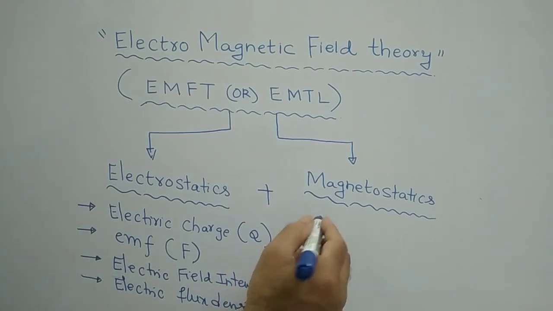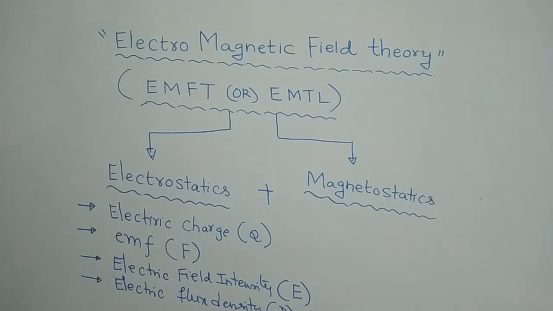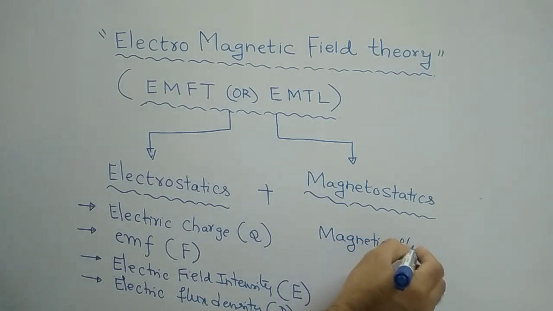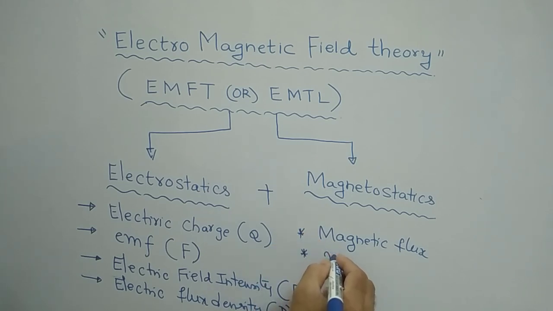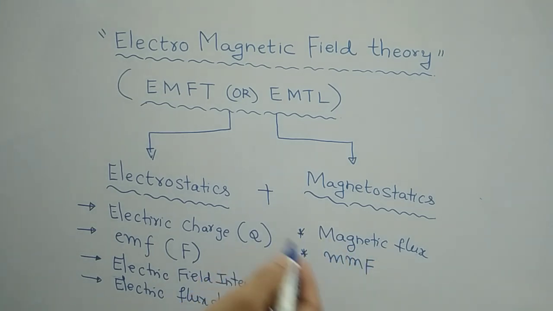Similarly, in magnetostatics, here the electric charge is replaced by the magnetic flux. That is the first parameter. And then magnetomotive force, mmf, is the second parameter.